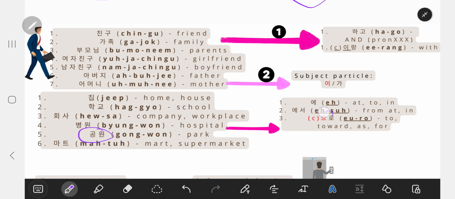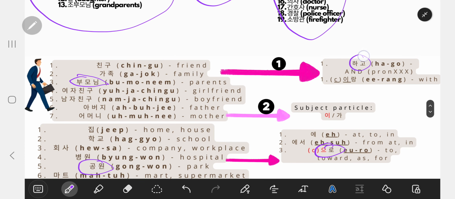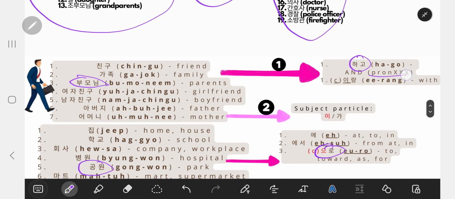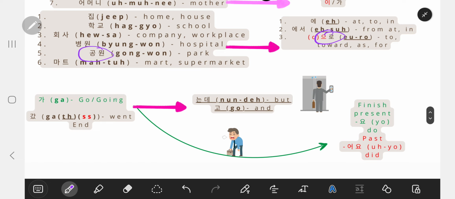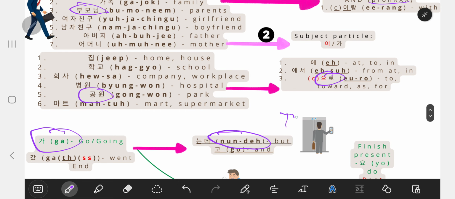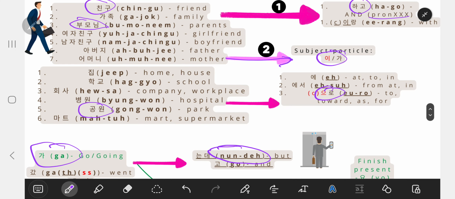The park, to, and my parents, and with, or you can say parents and I, so 하고, because that means and pronoun, and I. So 부모님하고 something something, and then go, but, we go back up, and then but my friend 친구가 over here, because we go here now, 친구가, and then we go to the park.